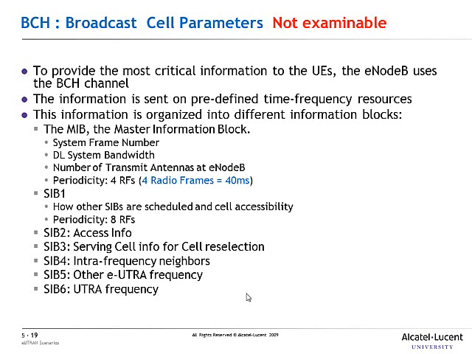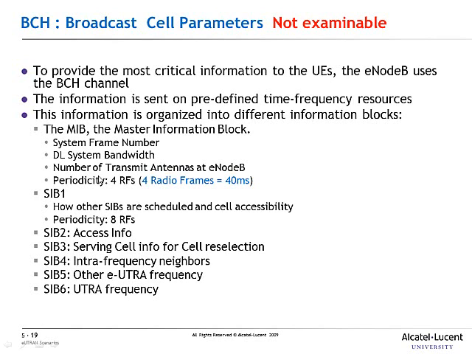and synchronized. It's only once it reads the broadcast channel information that it knows what bandwidth is being used in that particular cell. And it also knows, if you're using MIMO, how many transmit antennas are being used, and some other information.